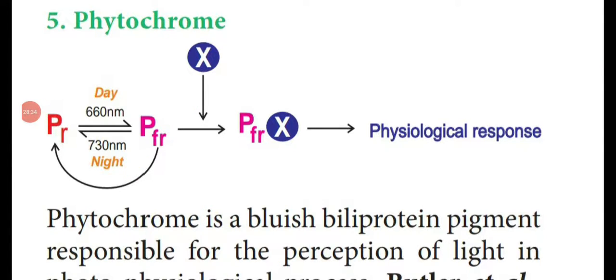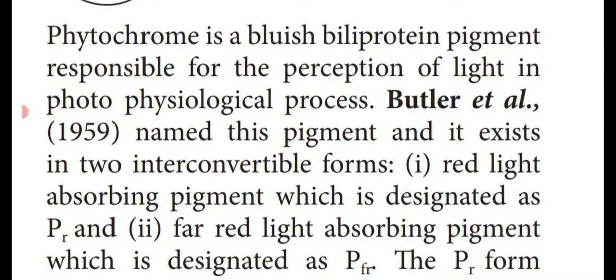Next, a very important 3 mark and 5 mark question is phytochrome. Phytochrome is a protein substance, a blue color pigment responsible for the perception of light for physiological processes.